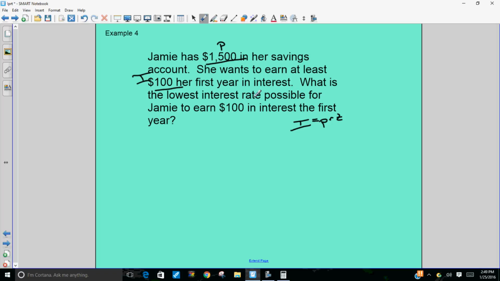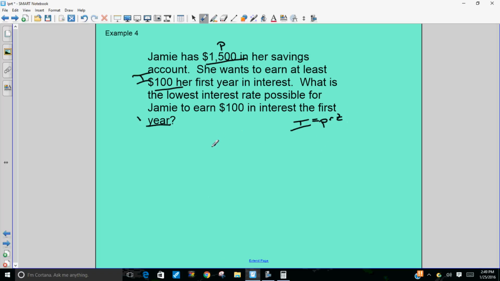This one's different. What's the lowest interest rate? It's asking what the interest rate is going to be. We don't know what it is. But then it repeats itself, and it says how much interest would she have to get to have $100 the first year. Well, the first year is just 1 year. It's asking for the interest rate. It's asking for the R. We have to label the other things.